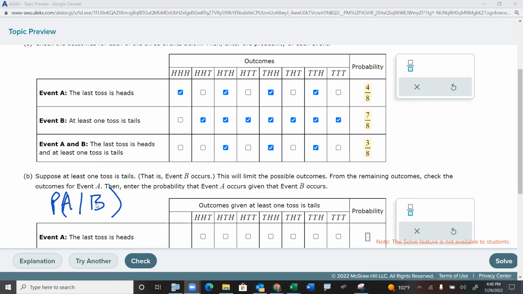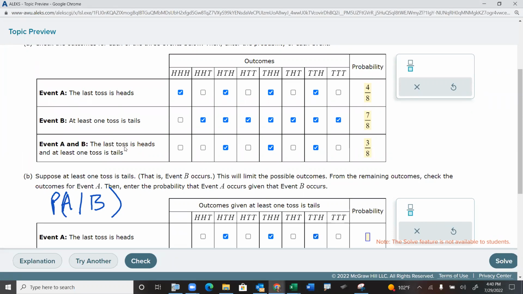Because B is the condition, they're only giving us the outcomes that satisfy event B, those 7 outcomes that we selected before. So how many of those are event A, where the last toss is heads? Well, that one, that one, that one.